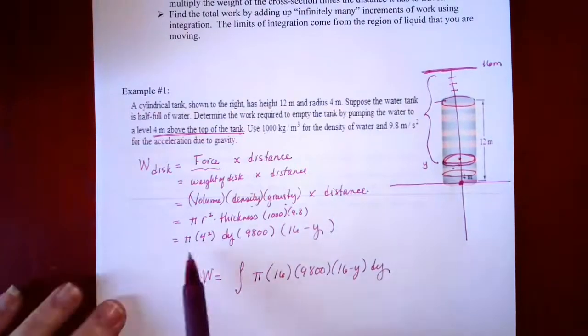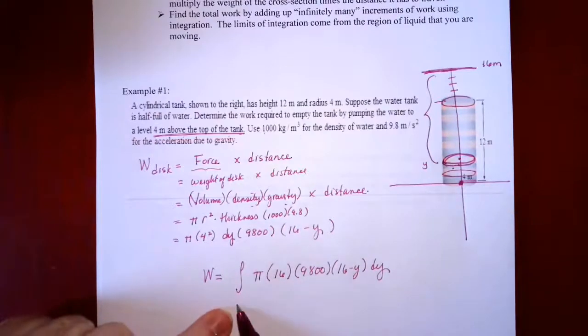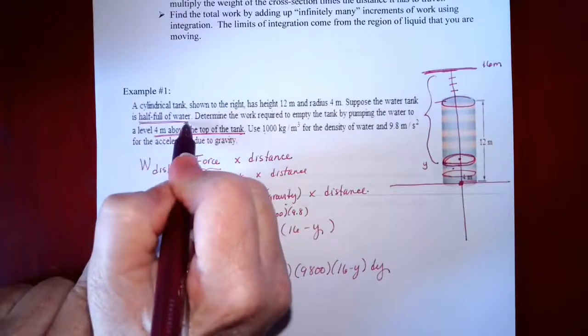Now, I just left everything inside the integral. We're not going to actually compute this integral. What are the limits of integration? Here you have to be careful. The limits of integration come from the limits on the water in the tank, by the way we're setting this up. This tank was half full of water.